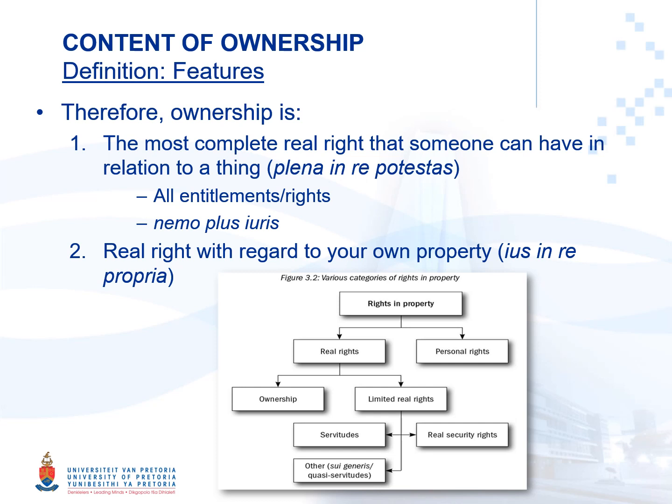Now, at the bottom of the figure, you will see various types of limited real rights that we will not be concerning ourselves with at this point, since we already looked at these in previous study units. Specifically, we've looked at real security rights, and you've looked at servitudes with Professor Miller. For now, it is important to locate ownership as a real right and know how it is different from other real rights called limited real rights.